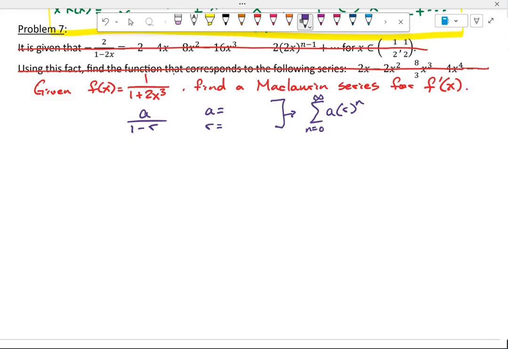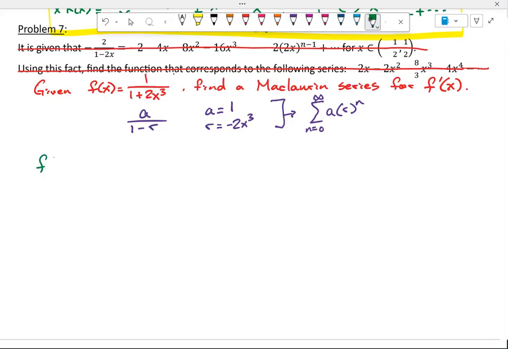All right, so we should have that function. Let's go ahead and check in. So what is our a value? 1. What is our r value? All right, so we can go ahead and write that.